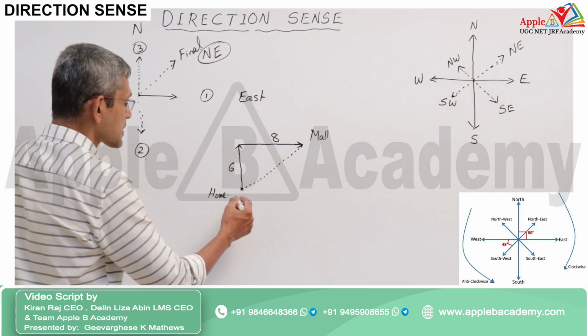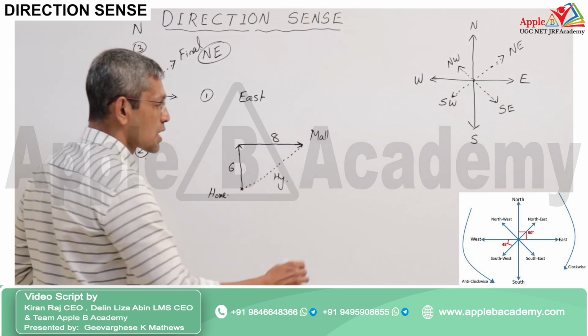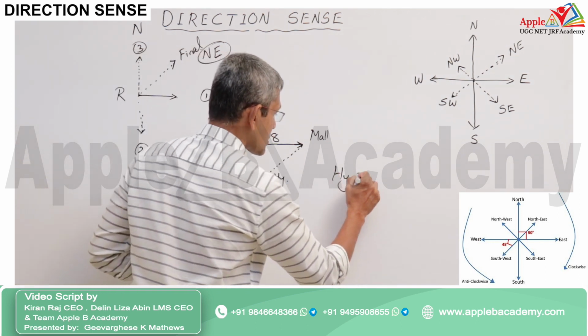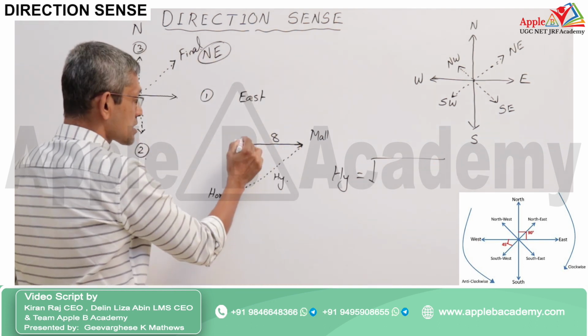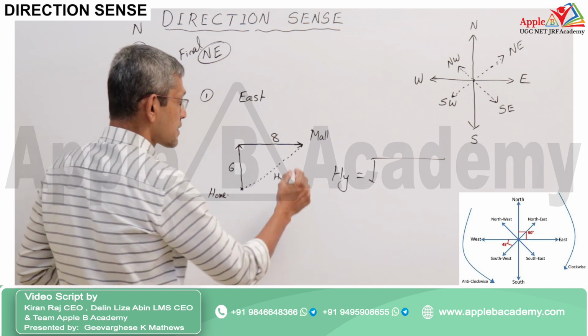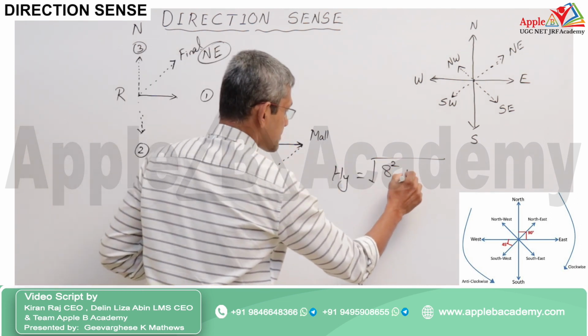It is pretty simple. What it says is, in order to find the hypotenuse, the hypotenuse is equal to the root of this length squared plus this length squared.